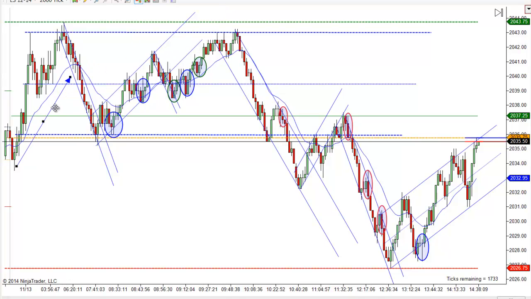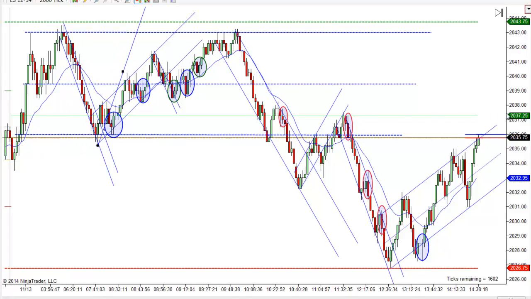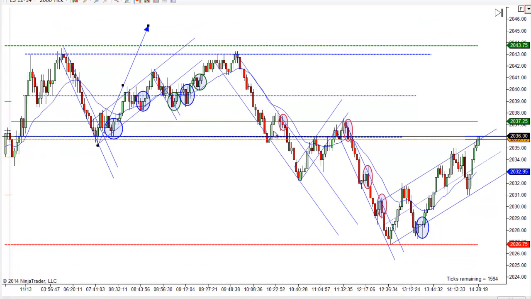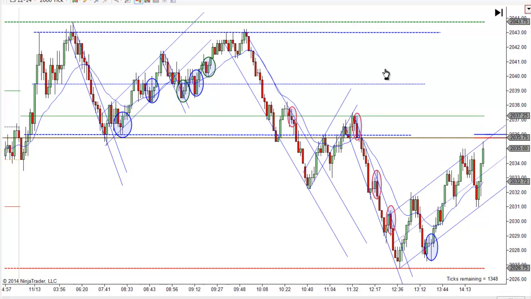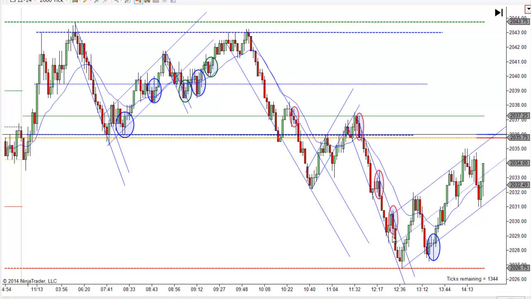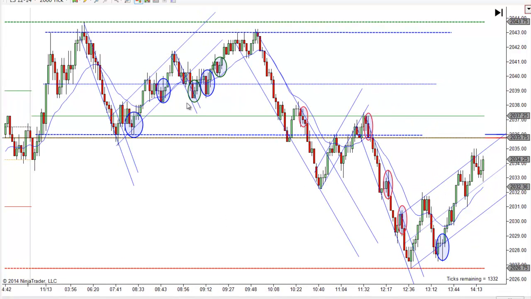And you could have also looked at this first leg from here to here, and then look for your second leg. And again, it did not make it. Generally, the rules tell us if you don't make it and you get a reversal, it's likely to go much further in the other direction. But a lot of times it'll look like a reversal and may not be one, and you may continue higher. So you can't really trade off of that.